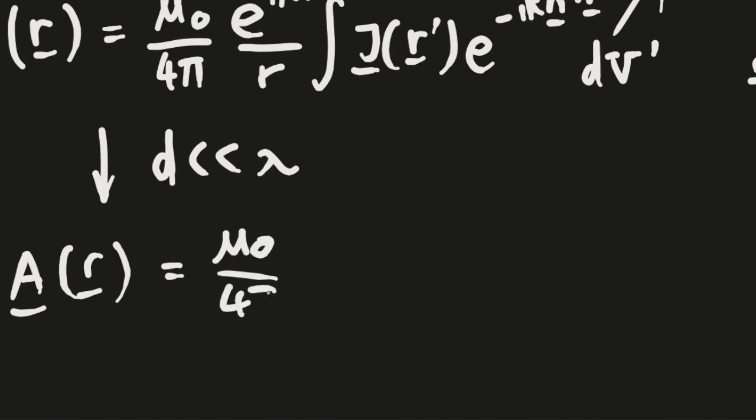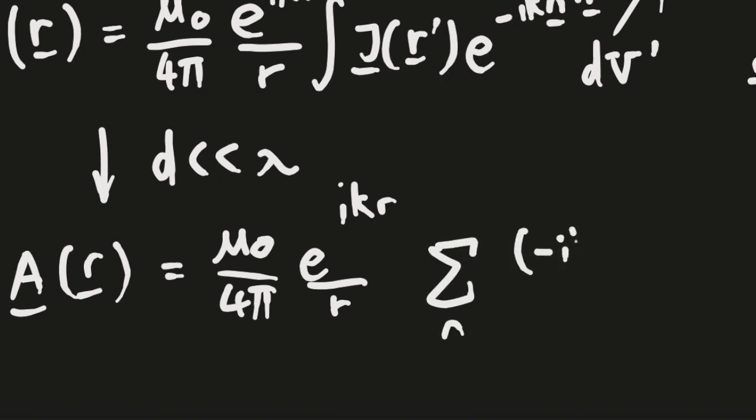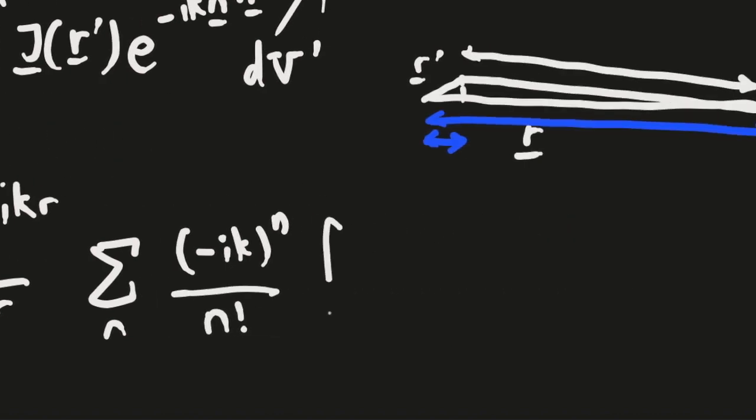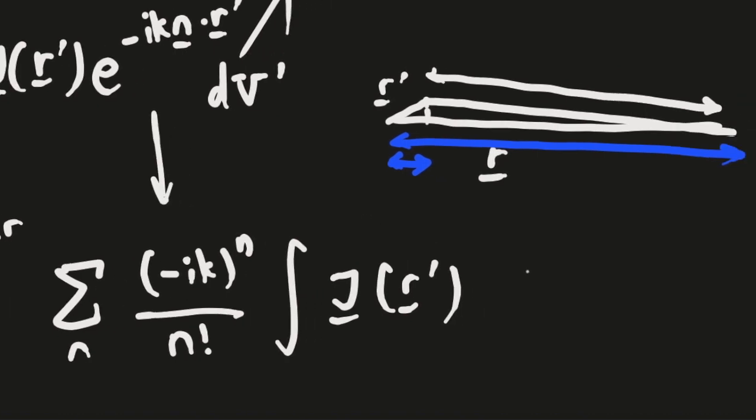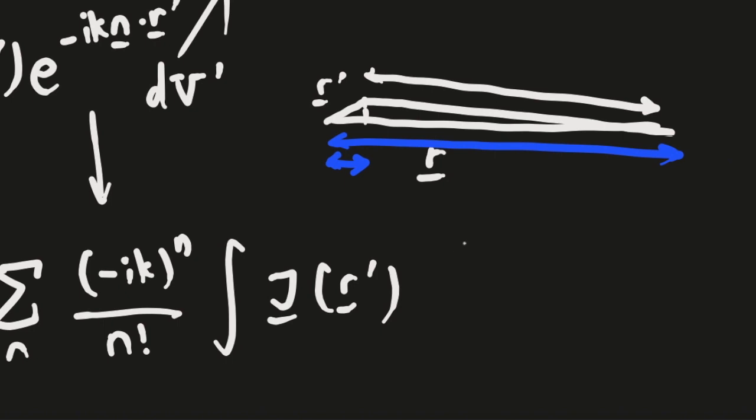mu naught over 4 pi e to the ikr over r, sum of n, negative ik to the n. So what we've basically done is expand out this term into a Taylor series. n dot r prime and dv prime.